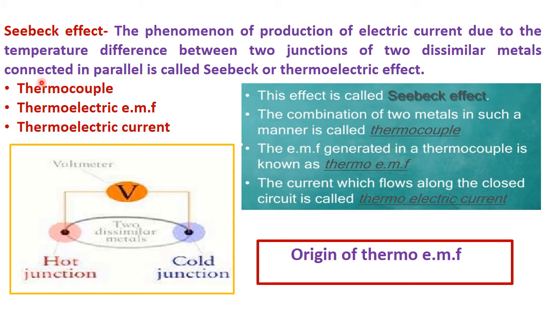So there are a few terms. The first term is thermocouple. It is basically a pair of different metals by which a thermoelectric current is produced. The second one is thermoelectric EMF. If a current is produced in two dissimilar metals joined at different temperatures, naturally there is an EMF across it.